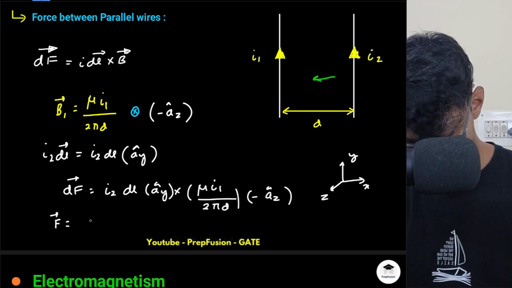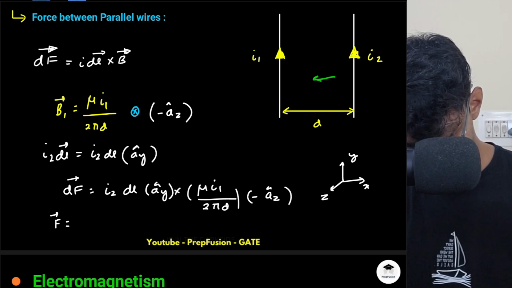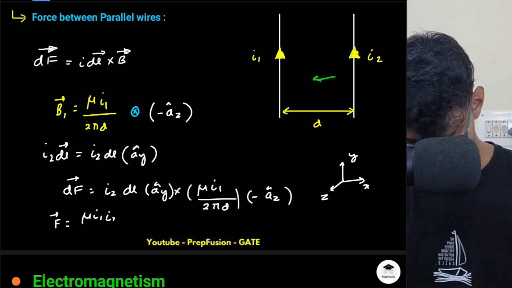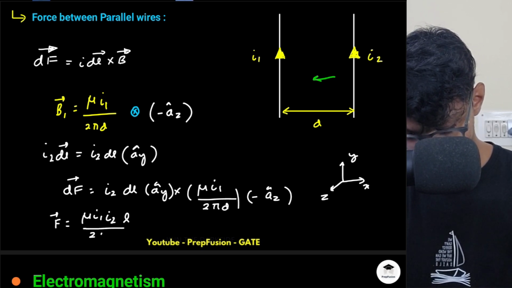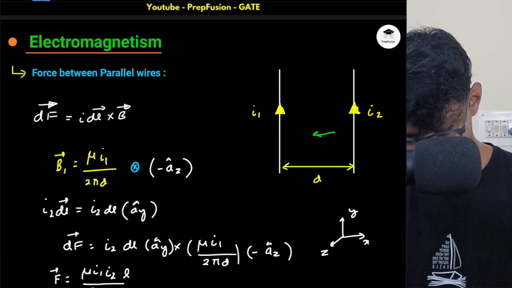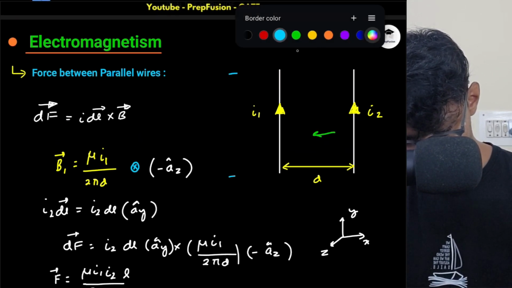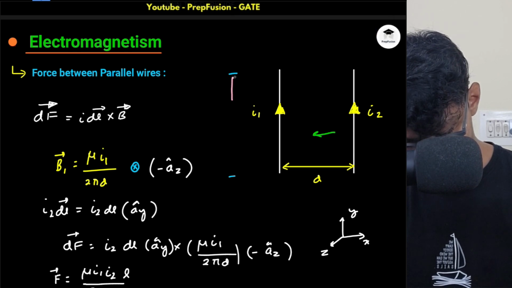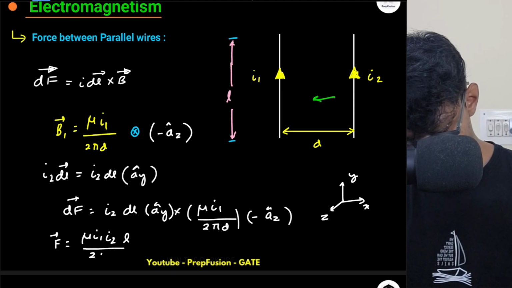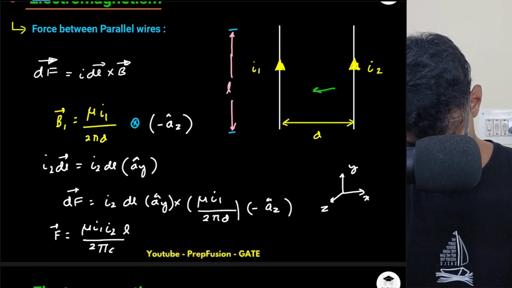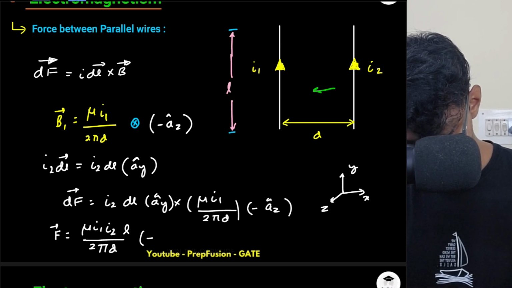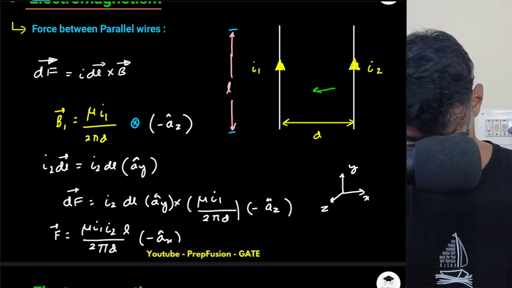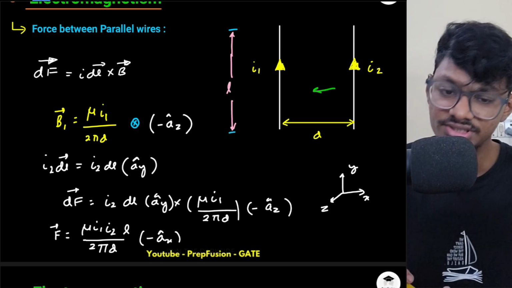F will be equal to mu I1 I2 into L divided by 2 pi d, where we assume this length as L, in the minus ax cap direction for now, but I am mainly concerned with the magnitude. I will talk about the sign later on. So this is the expression basically.